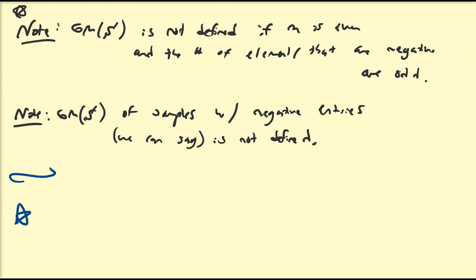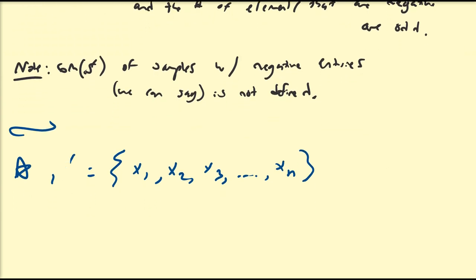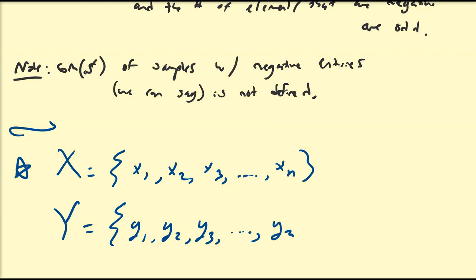So property 1. Let's assume we have a set x1, x2, x3, out to xn. And actually, let's call this sample x. Let's also consider another sample y, containing y1, y2, y3, all the way out to yn.